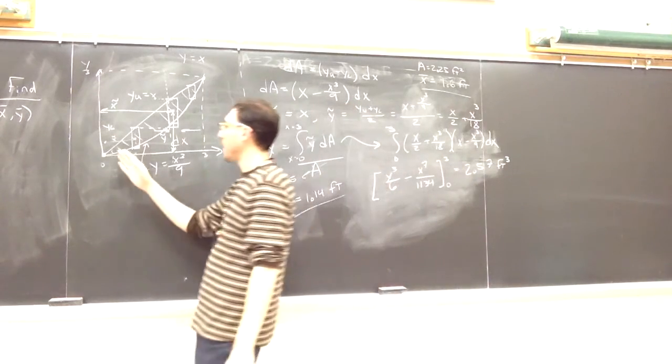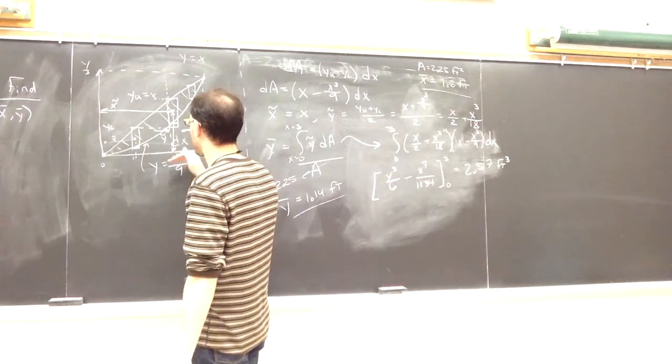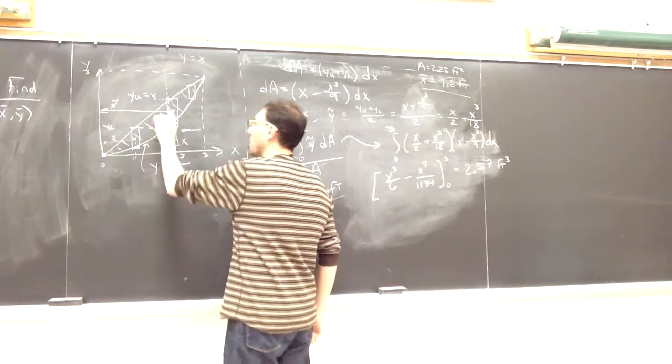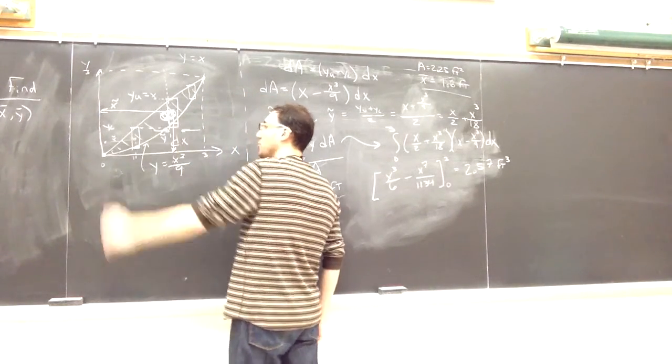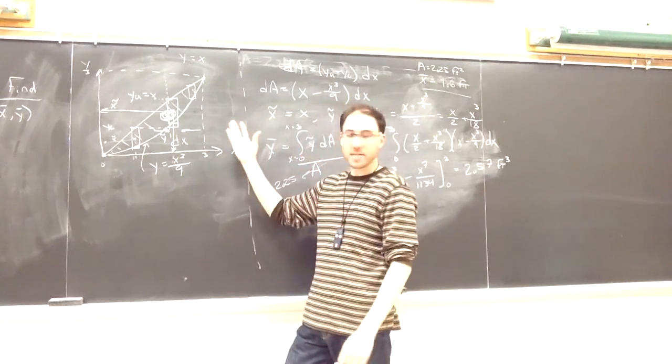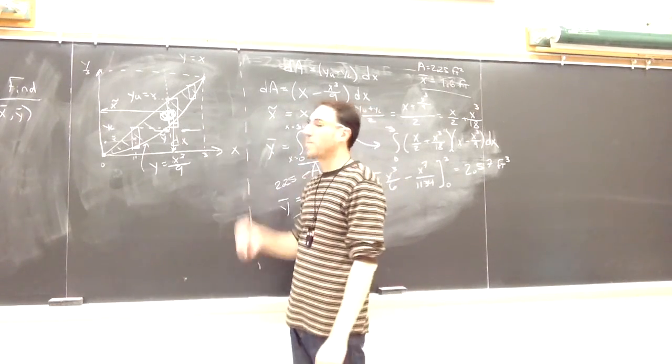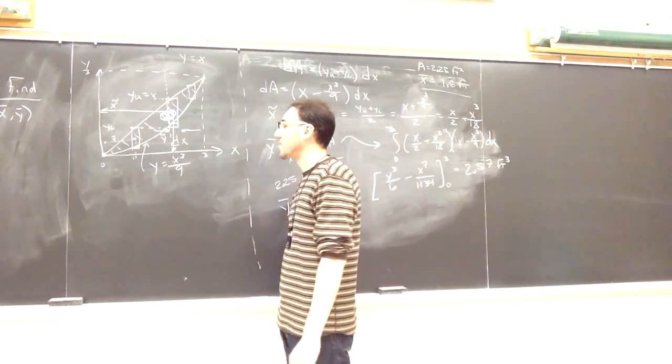So from the origin, we have to go to the right by 1.6. We have to go up by 1.14. So somewhere in that general area, not drawn to scale, but just graphically, that's where the centroid of this shape is going to be located.